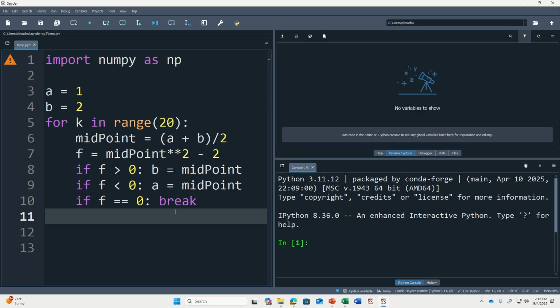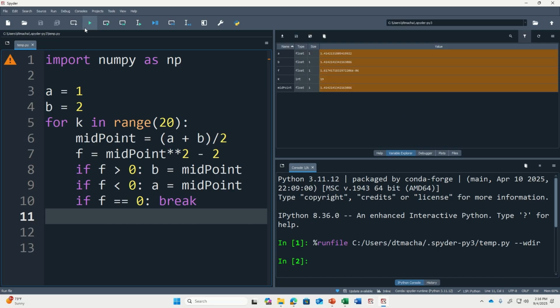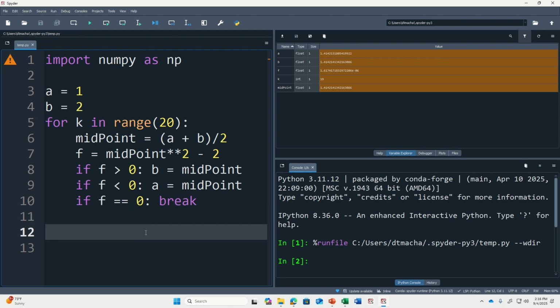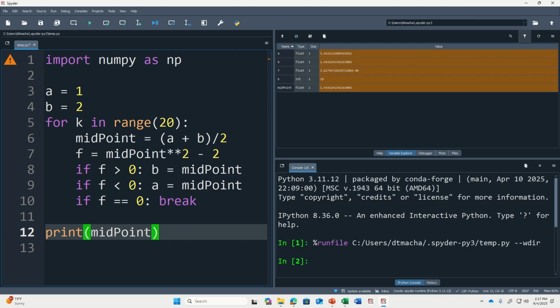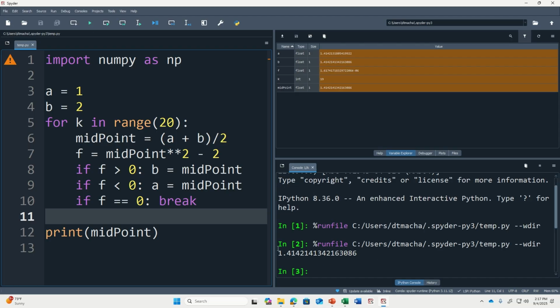And if my function is exactly 0, then that's awesome. I found the 0 and we can stop. So let's see how it goes. And if you want to, you can tell the program to just print what the answer is like that. Or you can just look up in the user interface here and figure out what the variable was.